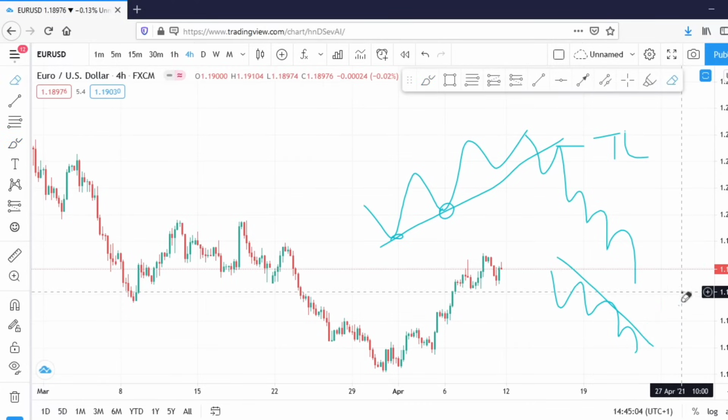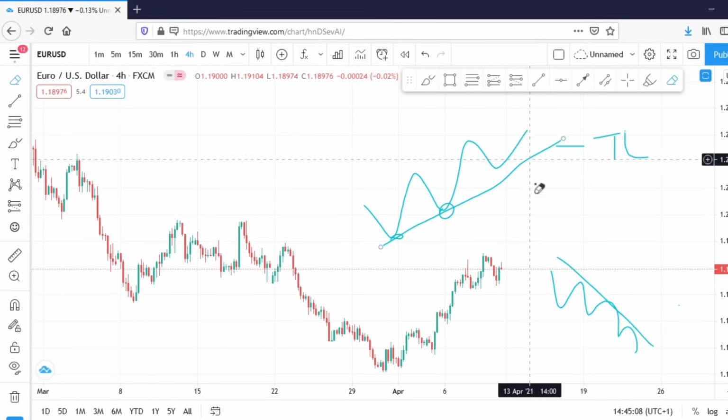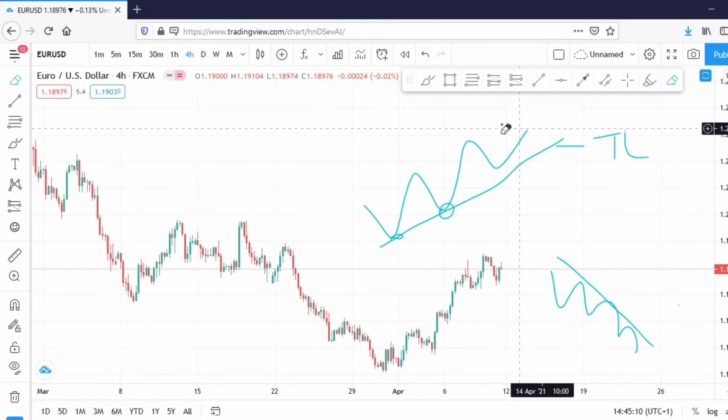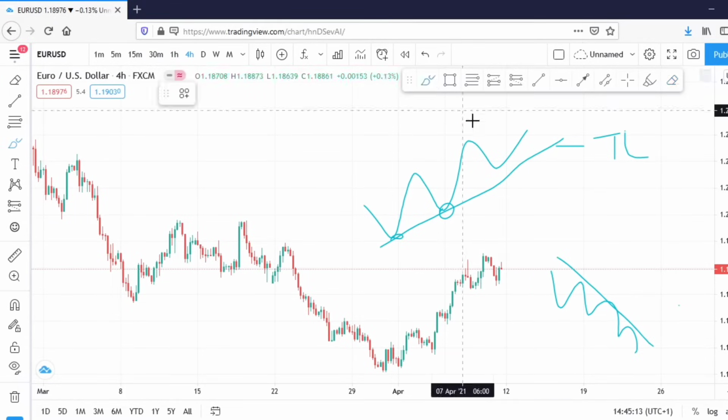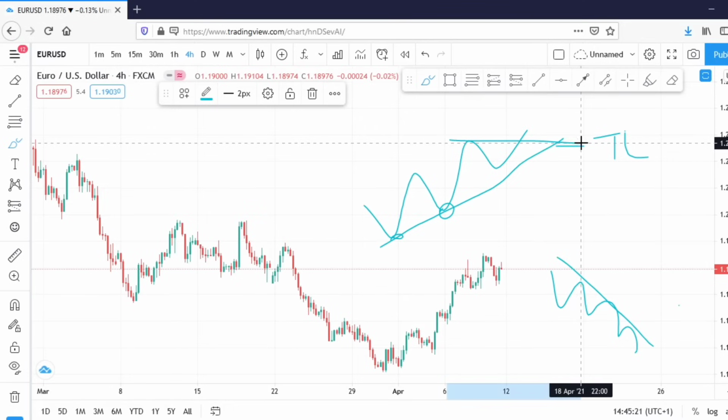They could either be a break and retest of the trend line itself, or the retest may not touch the trend line and could only get to maybe the previous resistance level or support level.